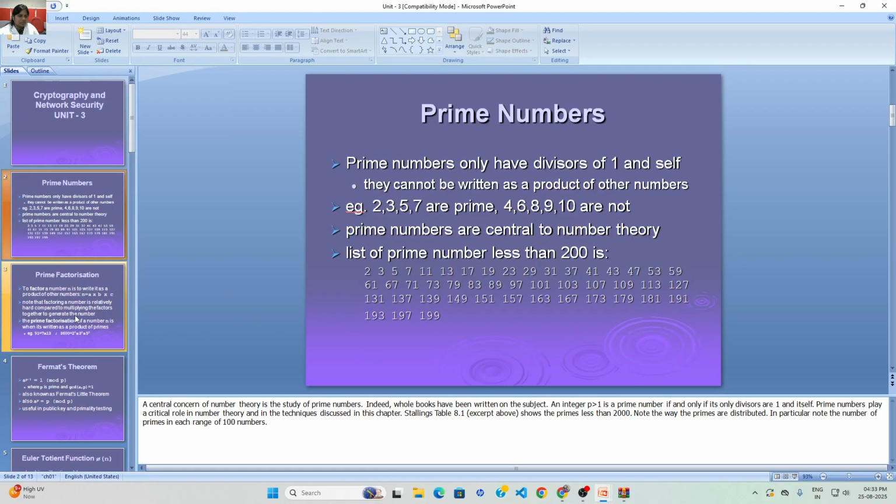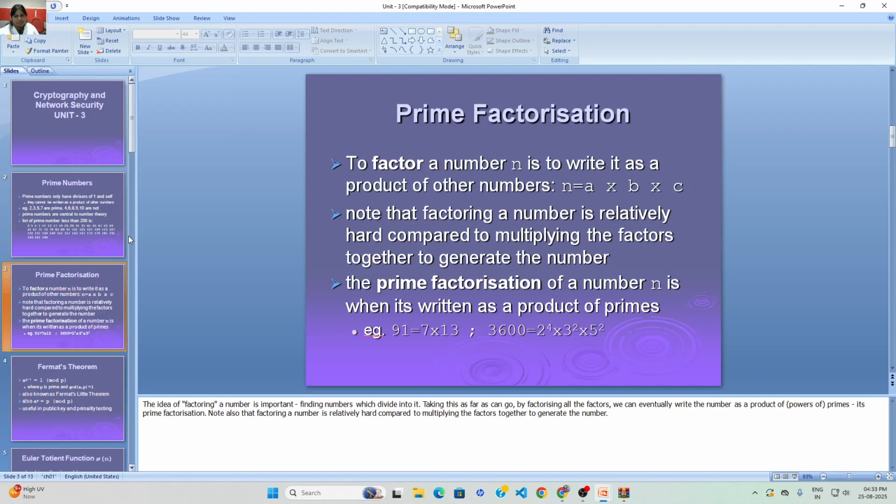Kindly look at this. The next topic is prime factorization. Prime factorization means writing a number as the multiplication of numbers that are prime. To factor a number n is to write it as a product of such numbers, like n equal to a into b into c.